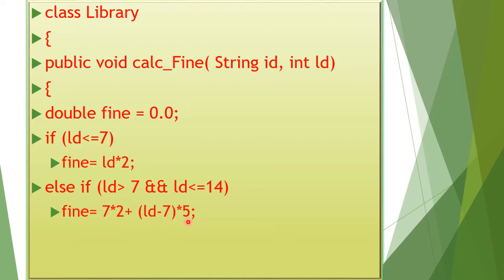That is 3 into 5. That is, this rupees 5 is only for the days which is exceeding 7. So the calculation here is fine equals 7 star 2 plus LD minus 7 star 5.